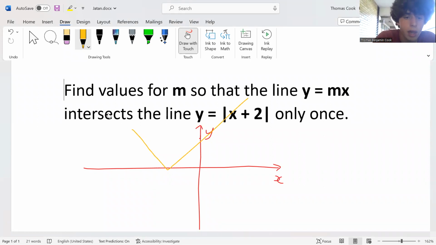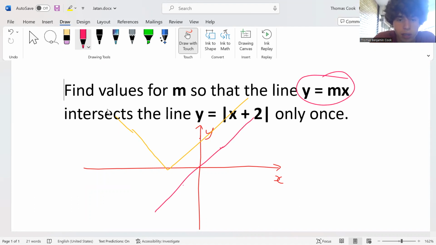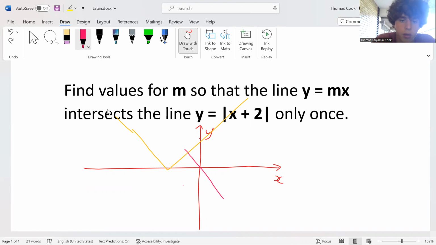So this yellow line here is the absolute value function. And right here, this is the y equals mx function. As you can see right now, it has no intersections. But if we change the orientation, say that it's this way, for a different value of m, we have one intersection, which is good.